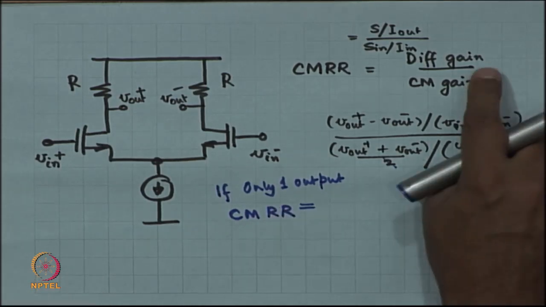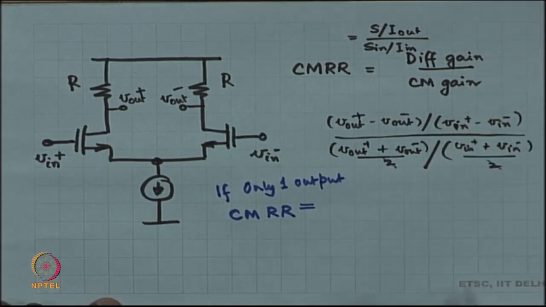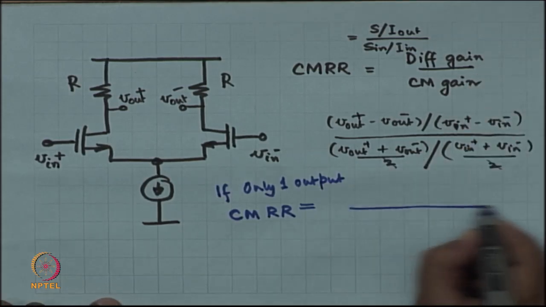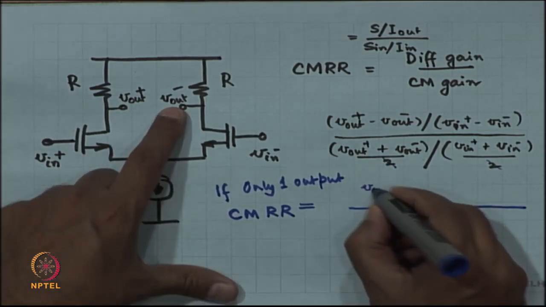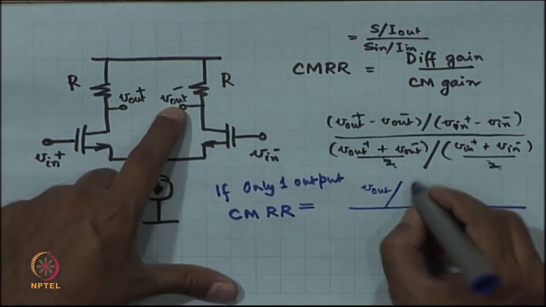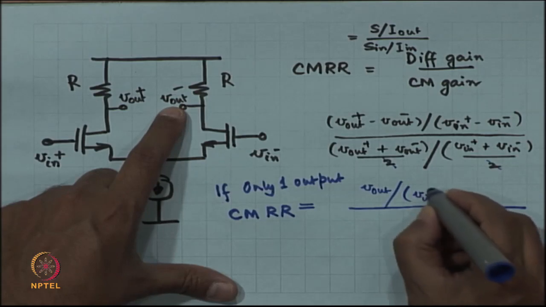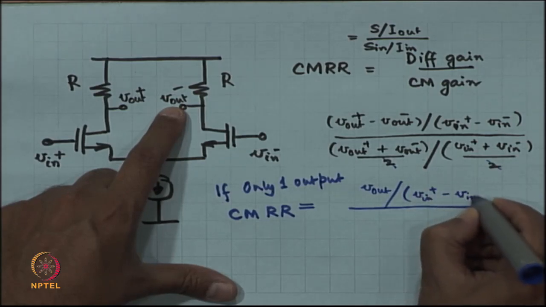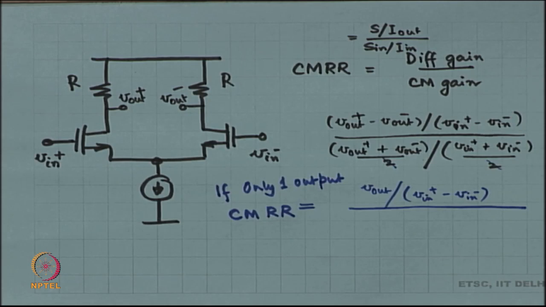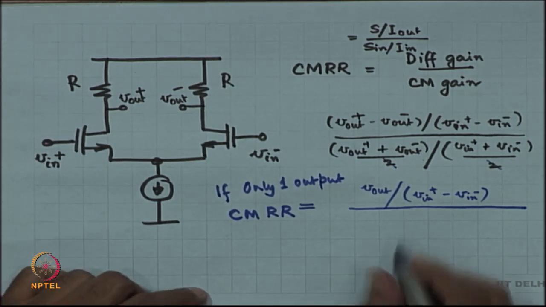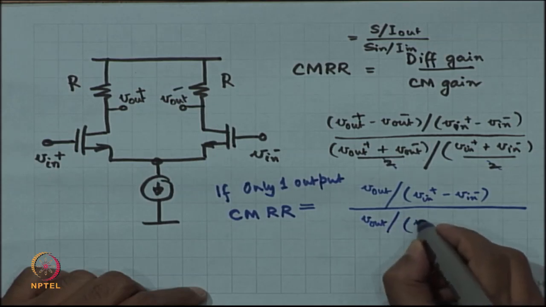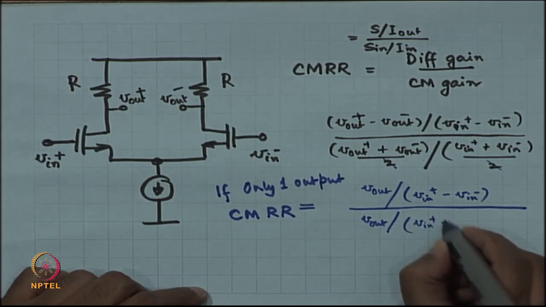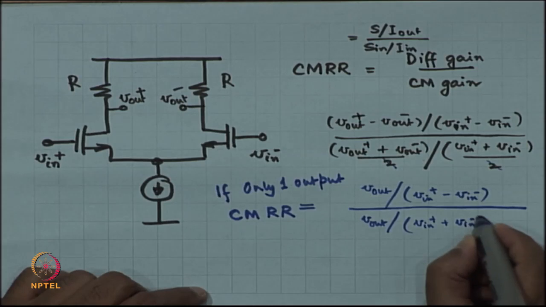Once again it is going to be something like the differential gain by the common mode gain, but in this case the differential mode gain is V out by V in plus minus V in minus, whereas the common mode gain is V out by V in plus plus V in minus, by 2.